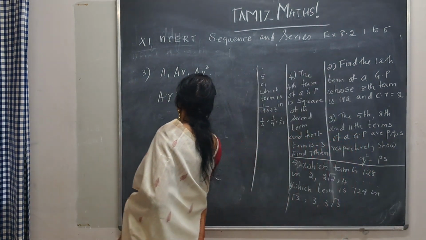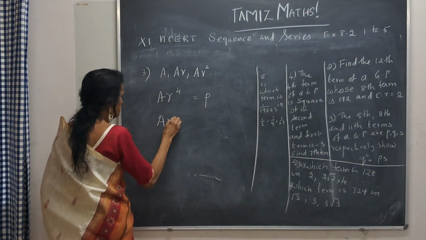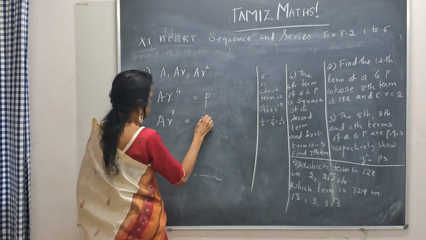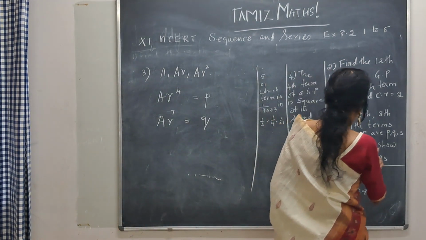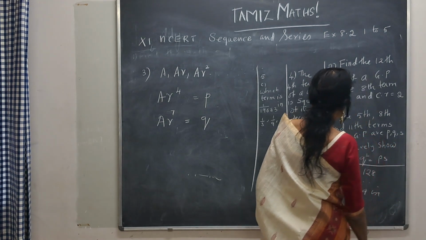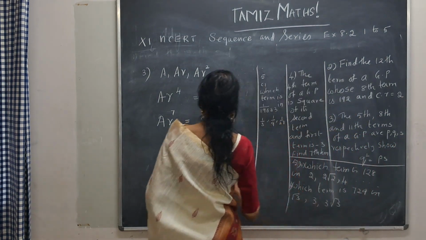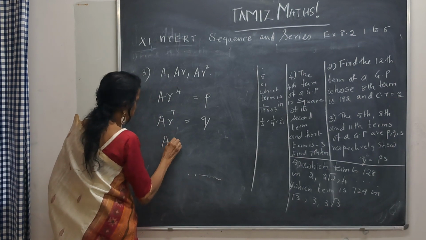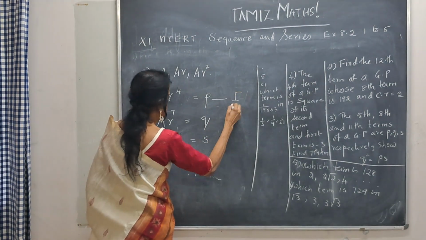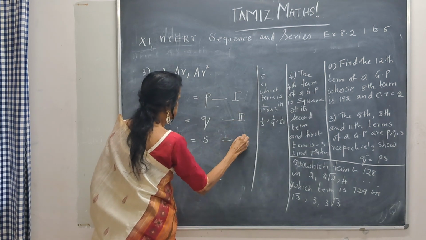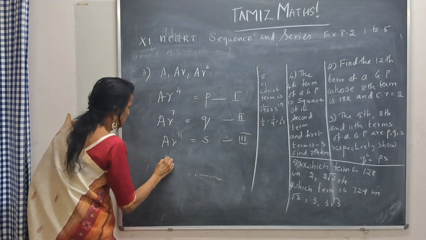Q. ar power 7 is equal to Q. The 11th term is S, what's the 11th term? Call this 1, call this 2, call this 3, just for your convenience.